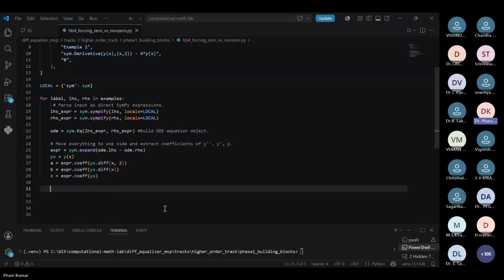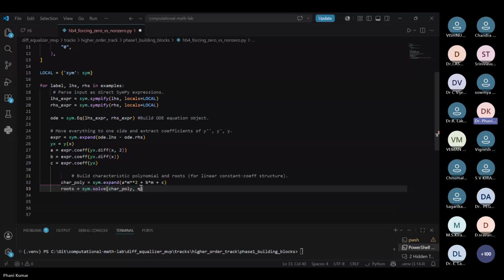Whenever it is a second order equation, we have the roots minus b plus or minus square root of b square minus 4ac by 2a. So we are going to take those coefficients as a, b and c, suppose it is a second order differential equation. So collect those coefficients. Now this part is nothing but yx is equal to y of x.